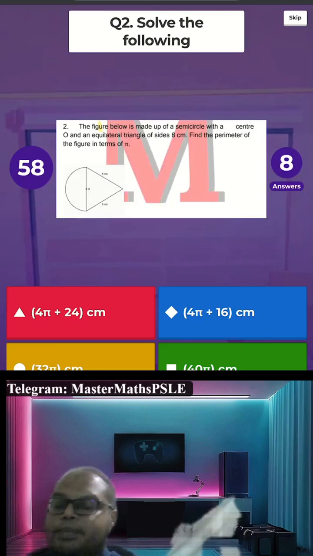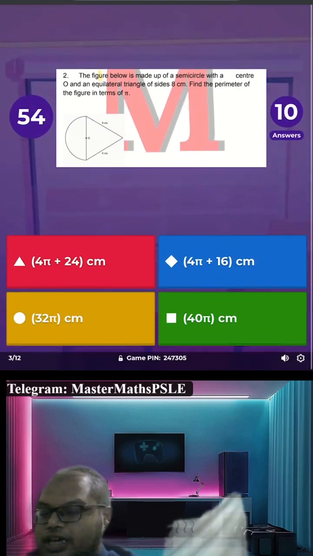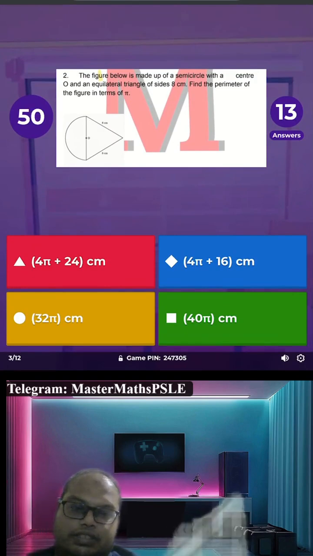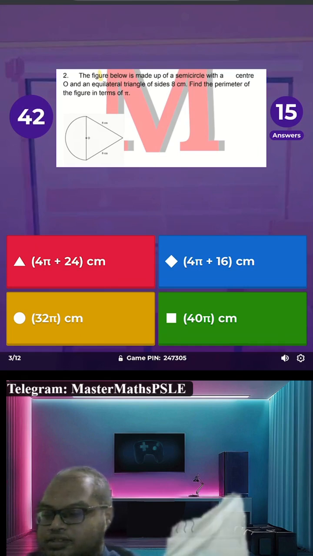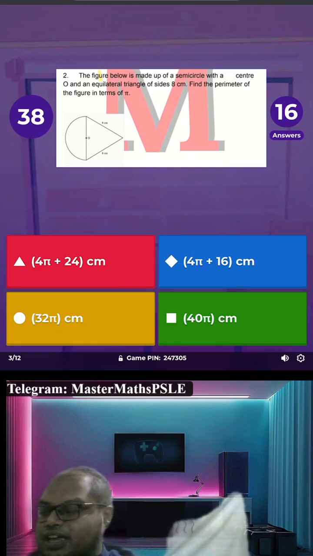Okay, find the perimeter. Calculate the perimeter.